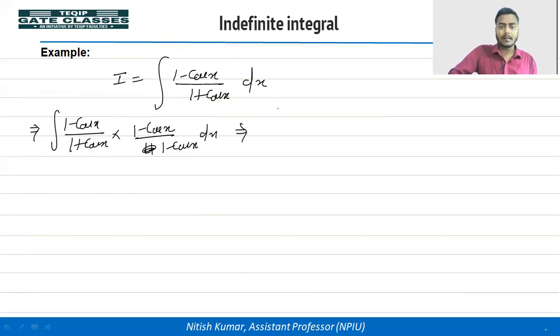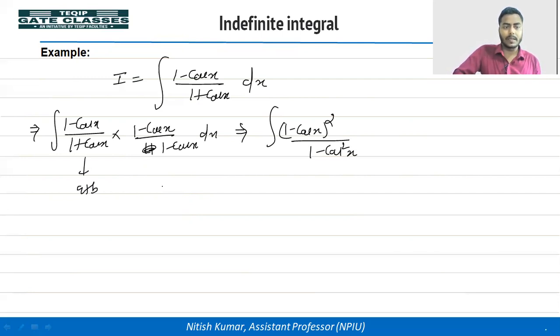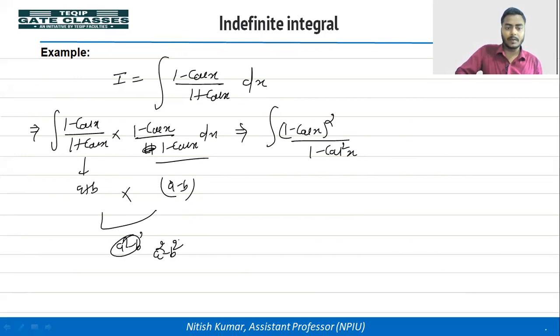What are we getting here? Integration of 1 minus cos x whole square divided by 1 minus cos square x. See, this is 1 plus a, this is 1 minus a; a plus b times a minus b, so the multiplication we can write as a square minus b square, right?